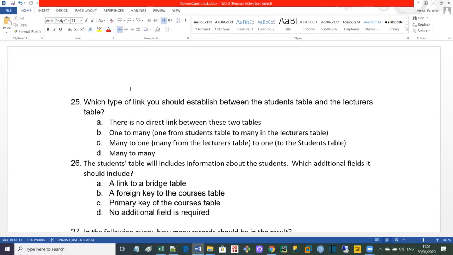We know that there is a link between students and courses, there's a link between lecturers and courses, and therefore there will be a link between students and lecturers, but not a direct one. Therefore, the answer is there is no direct link between these two tables, only an indirect link between them, okay? Don't get confused. One-to-many would be incorrect, or many-to-one would also be incorrect, because I usually won't connect students to lecturers in a direct way.